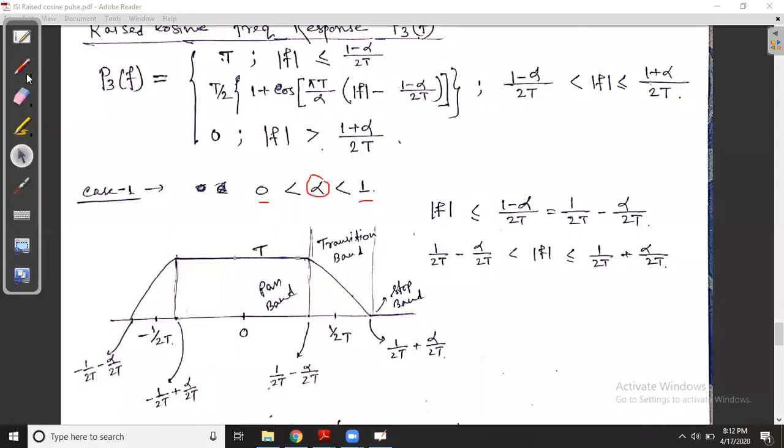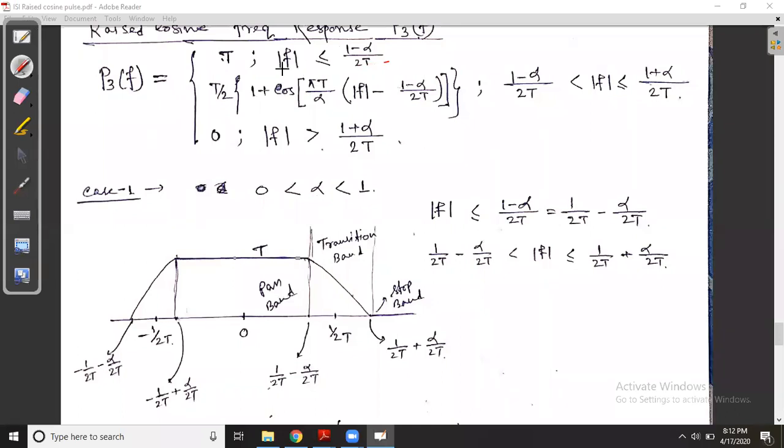Suppose I am taking any value of alpha and try to see this first condition. Now, listen very minutely.